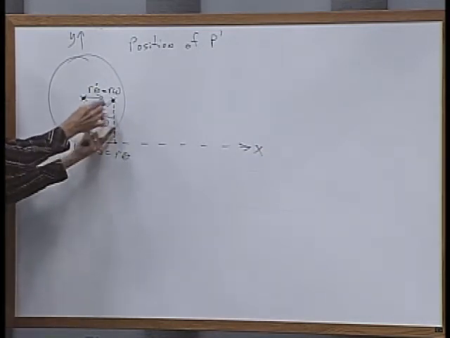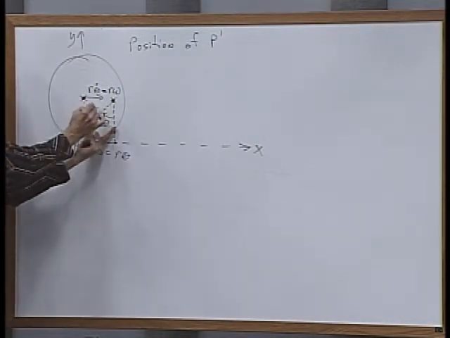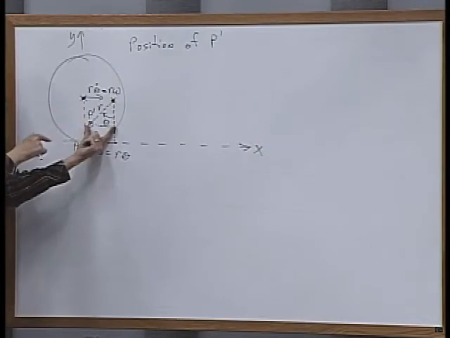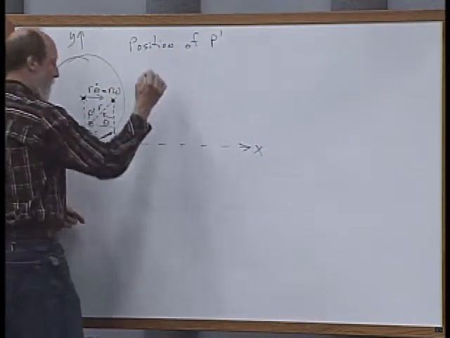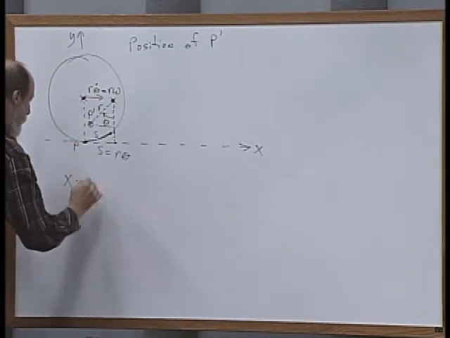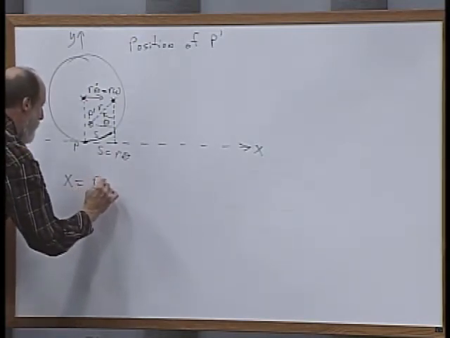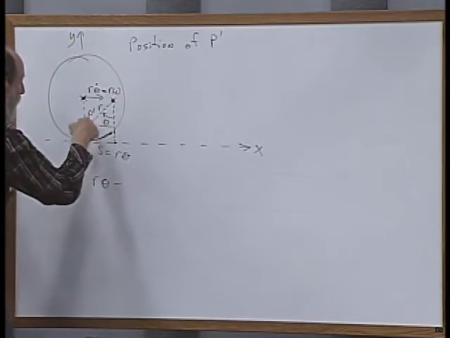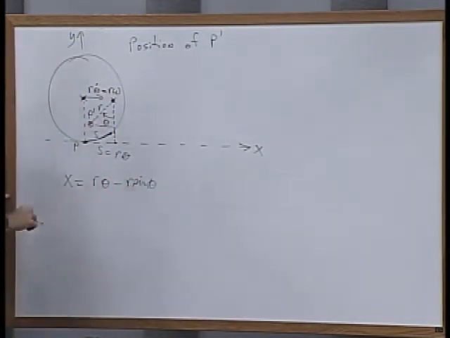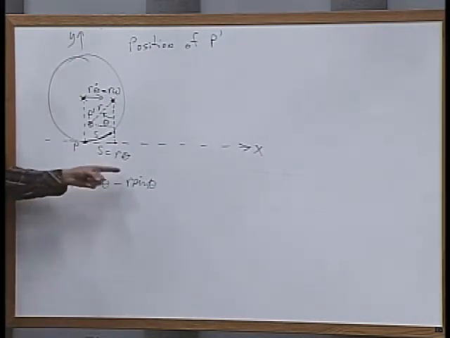That's opposite theta, isn't it? Sine, opposite. And here's your R. So X is equal to S, which is R theta, minus R sine theta. That's the geometric relationship between X and theta.